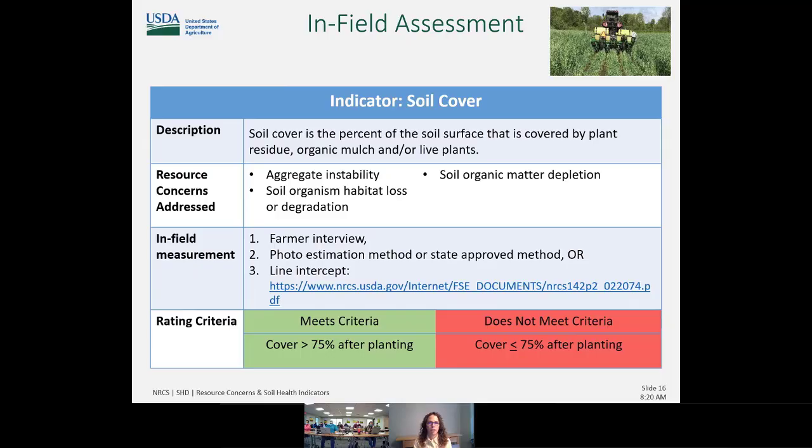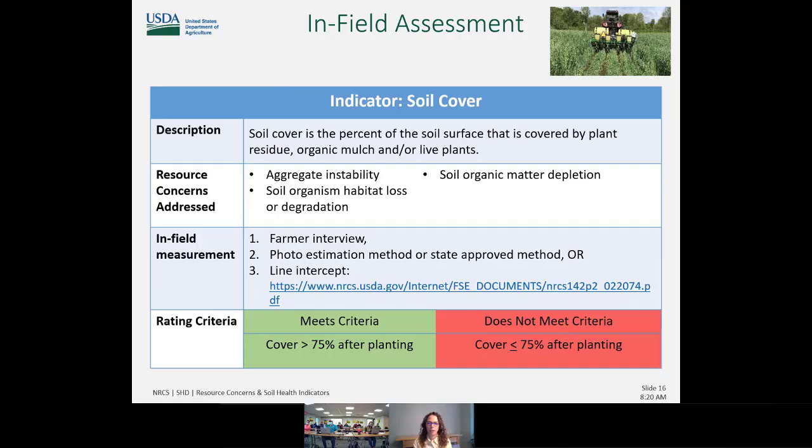So these associated resource concerns are aggregate instability, organism habitat, and organic matter. And assessing this in the field can include a farmer interview. They can give management history and an explanation of how residues may or may not be managed on the property. You can take a photo to make an estimate of the cover or use another state-approved method.